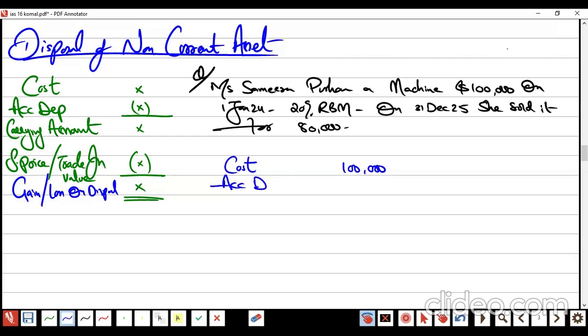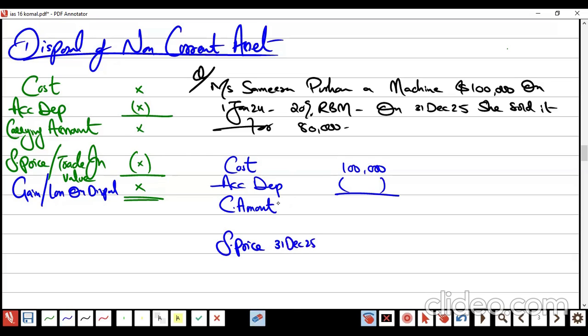The working will be for acquisition. We will have the carrying amount. We need the carrying amount at the date of sale. Which date did she sell it? 31st December 25.